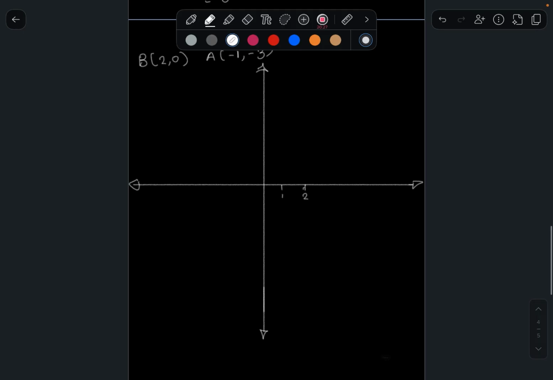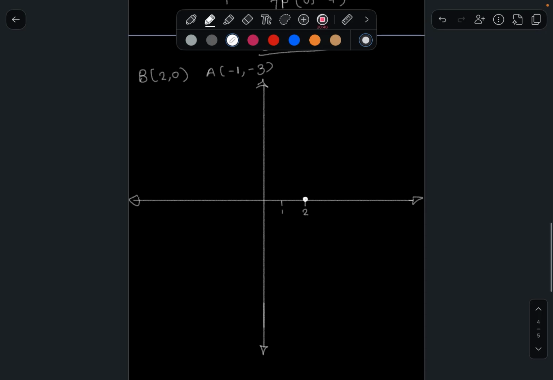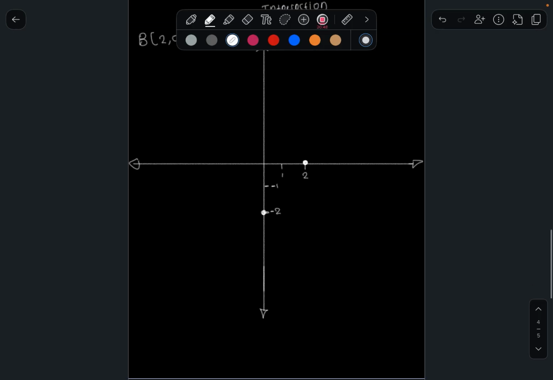This is the x. Sorry about that. This is the x-intercept, right? And what's the y-intercept? The y-intercept was negative 2. And we have our point of intersection of negative 1 and negative 3, which is somewhere here.